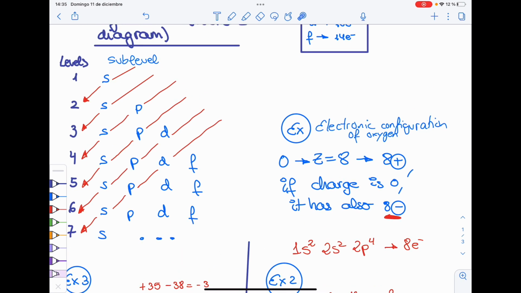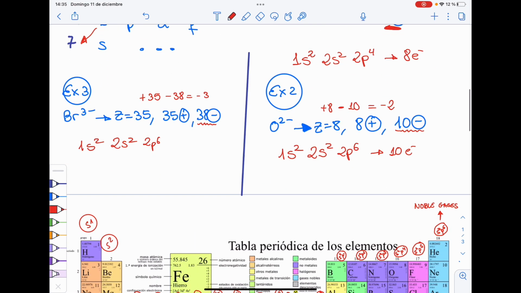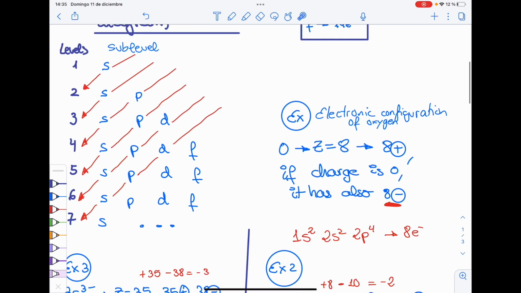I'm going to go on the next letter. I already did this, and I need to continue through this line, so I'm finding this letter, which is S, and it is on level 3, so 3s2. Okay, and I need to continue finding the rest of the electrons.